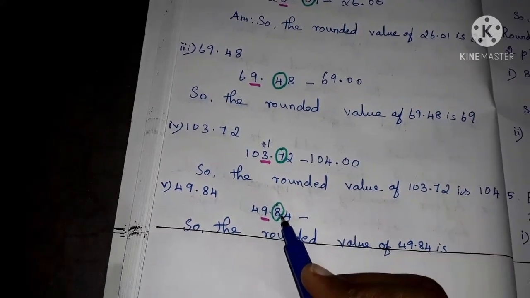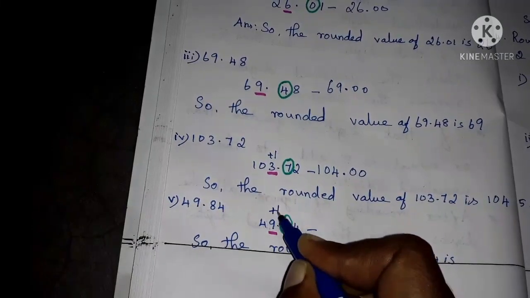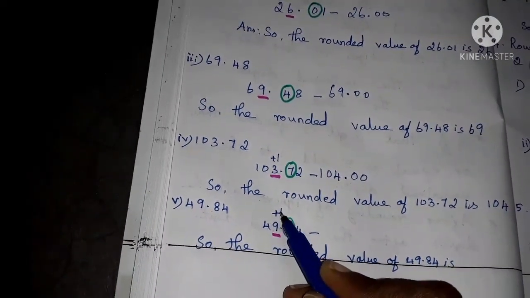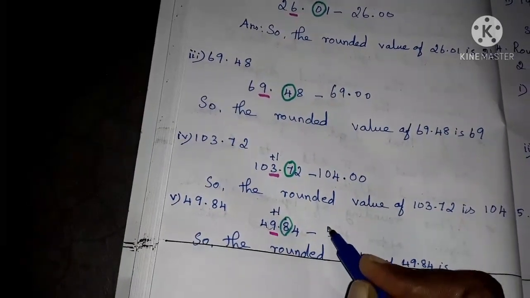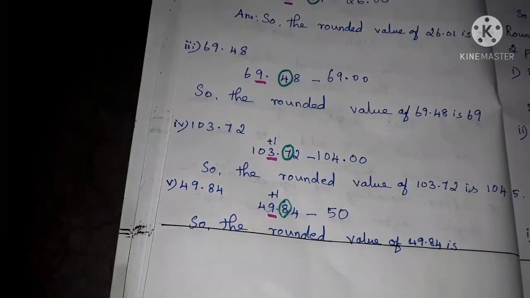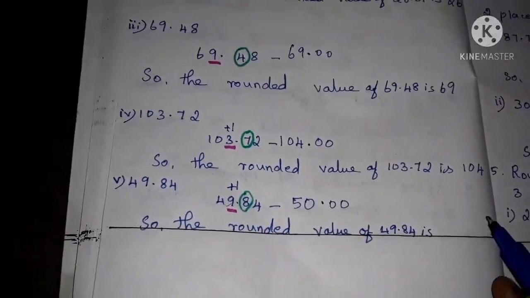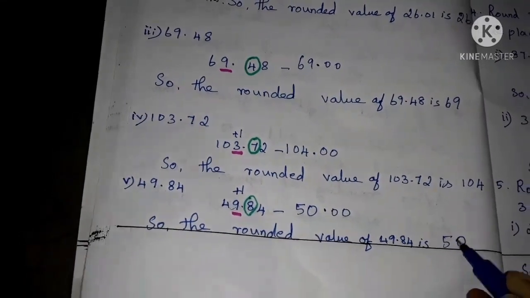Yes, it is greater than 5. So we have to add 1 to the underlined digit. 9 plus 1 is 10, so 1 carries over. 49 plus 1 is 50. So the remaining digits become 0. So the rounded value of 49.84 is 50.